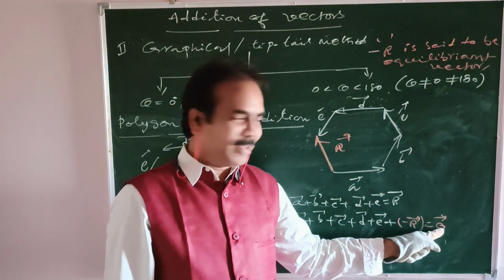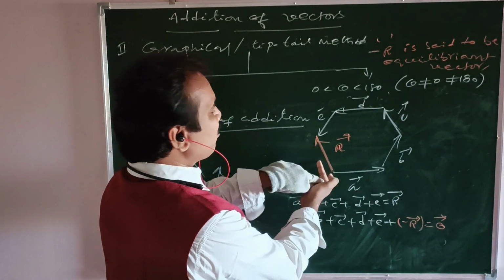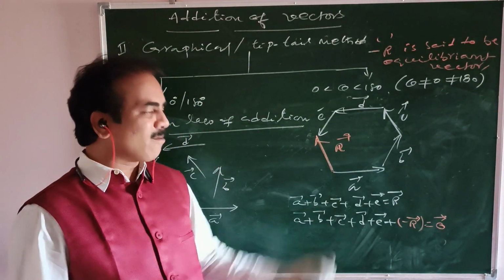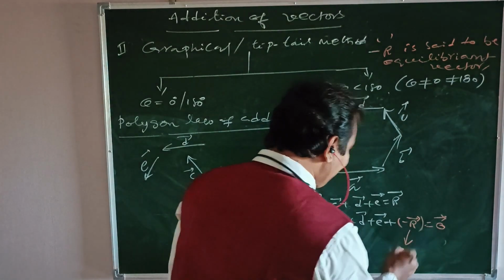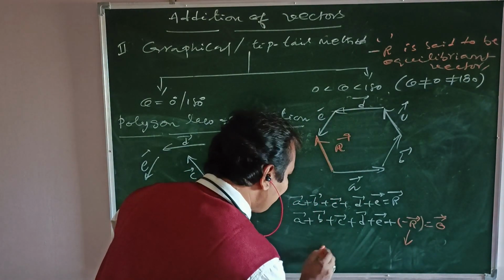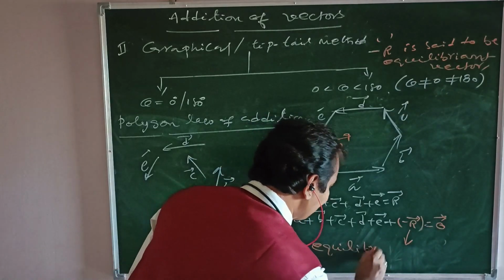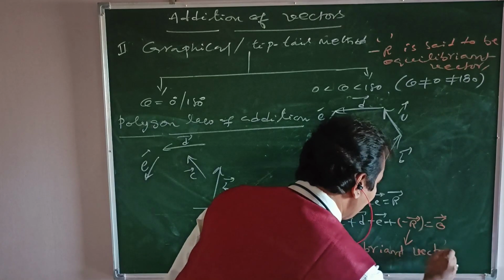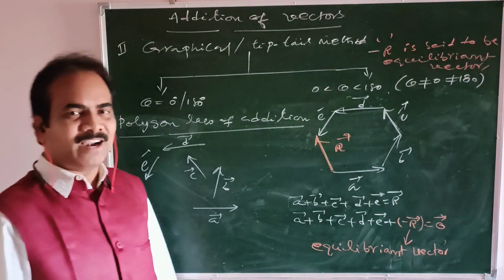Null vector means by reversing this vector end to end, we can have zero resultant. That is the reason why this minus R bar is said to be the equilibrium vector. Minus R bar is said to be the equivalent vector of given parent vectors.